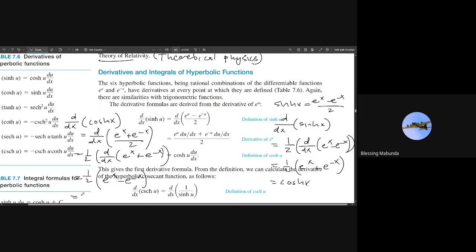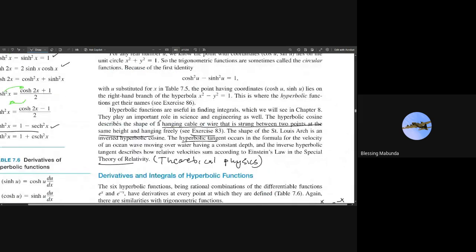And this goes back to sinh x. So what you appreciate here is that there are no negative signs for the derivatives of cosh or sinh.